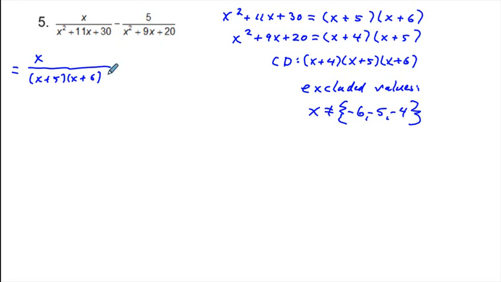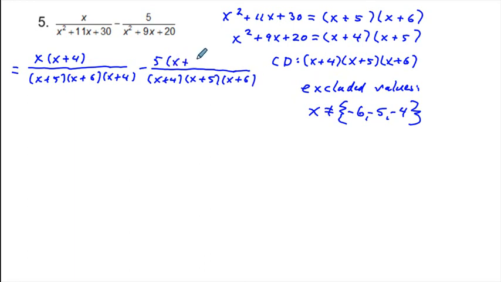And to get our common denominator here, we have to multiply both our denominator by x plus 4 and our numerator by x plus 4 also. And then we have minus 5 over quantity x plus 4, x plus 5, and we have to multiply our denominator to get our common denominator by x plus 6, and x plus 6 in the numerator.